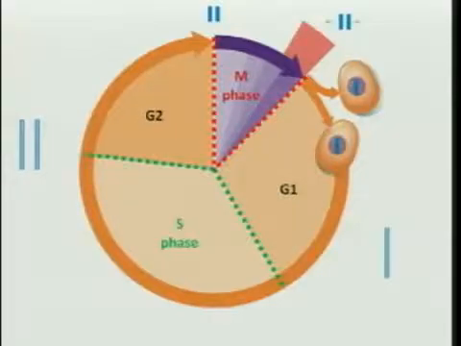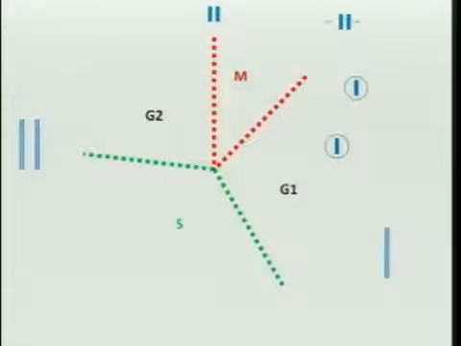We can now distill this quasi-pie chart into the version that I'm hopeful will burn in your mind's eye for the rest of your life. Voila, the cell cycle. After mitosis is complete, the daughter cell enters the first gap, then begins replicating its DNA in S phase.